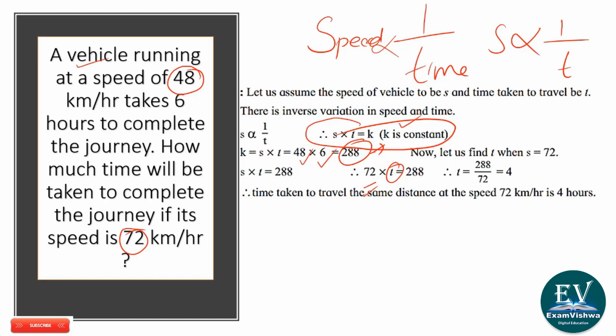If the speed of the vehicle increases from 48 to 72 kilometers per hour, and it takes 6 hours at 48, how much time will it take at 72? Your time starts now. You will immediately calculate in your mind 48, 6, 8, 4, quickly apply this knowledge, give the answer, and you will be selected. I said you will be selected for whatever you have applied.